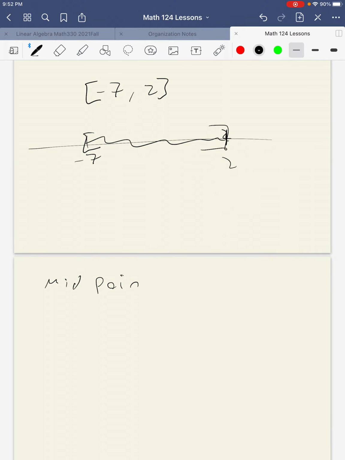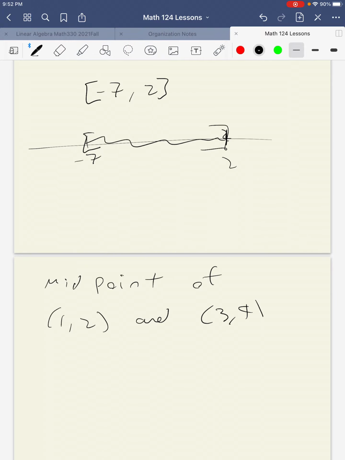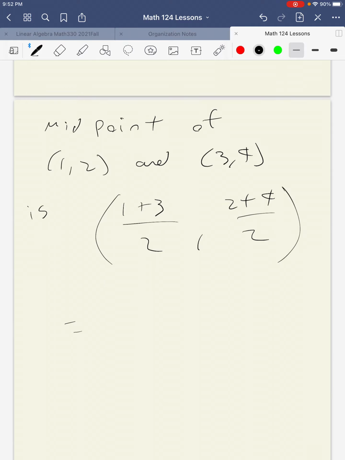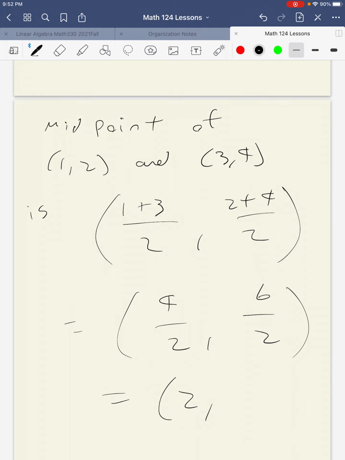The midpoint of 1, 2, 3, 4 is, well, by the formula we add the x values, cut it in half, add the y values, cut it in half, and that's all. So we have 4 over 2, and we have 6 over 2, so we have 2, 3.